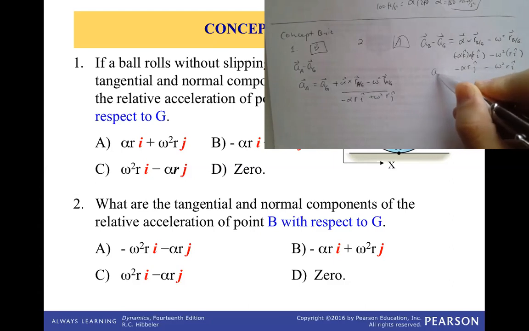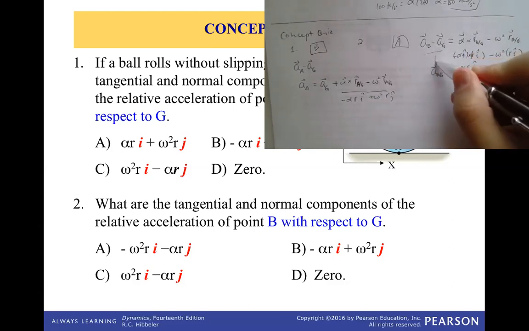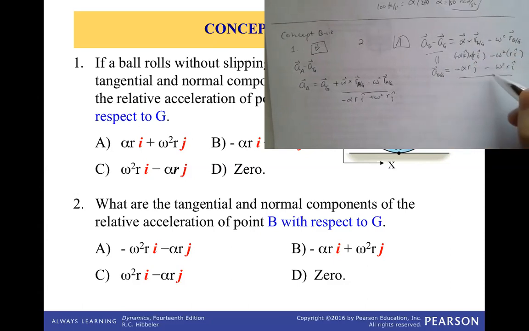That should be your A of B with respect to G. So the two components there should both be negative. So that's option A there. So you got these two right.